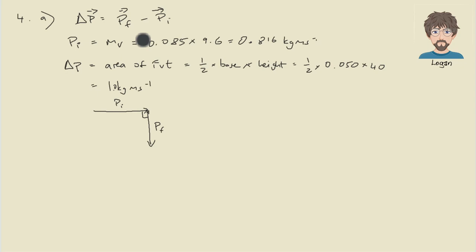Now we want to do our vector diagram, because we've got to use this one. Delta P equals PF, and it's negative PI, so minus PI, so it's plus negative PI. As we do this, we've got to go delta P. We're going to do that last, obviously. So PF is down. Negative PI, well that's PI going to the right, so negative PI is going to the left.